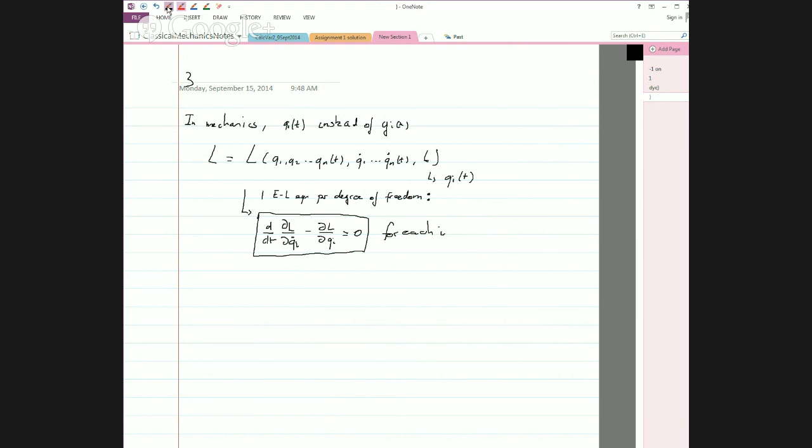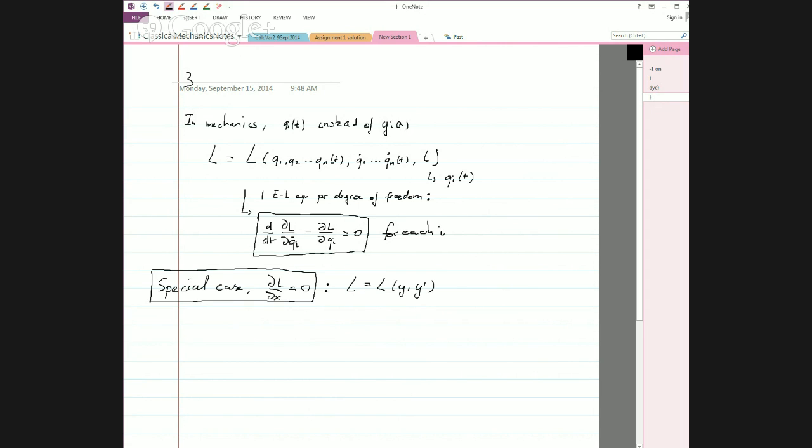So let's do a special case: when L does not explicitly depend on x. That means L is a function of y and y prime only.